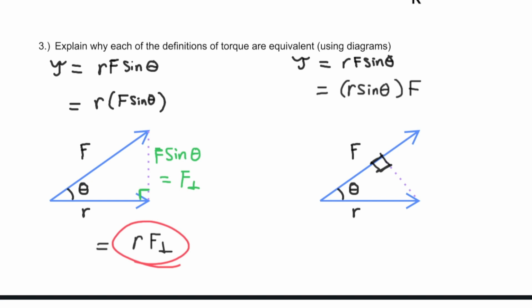Okay, so that's interesting. A line meeting the force at a right angle from the displacement vector. Well, that's the definition of a lever arm. And notice that the length of that line is exactly R times sine theta, which is the same thing as the lever arm. And that's the same thing as the force times R perpendicular.